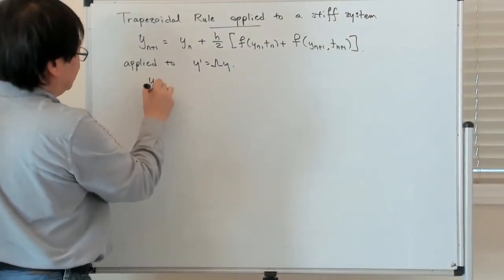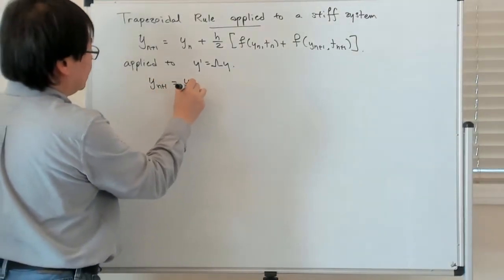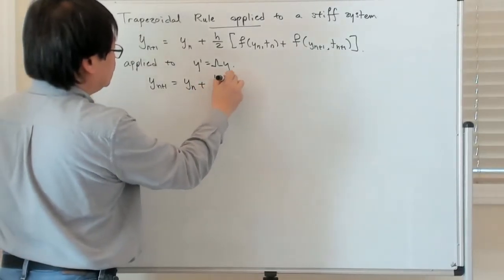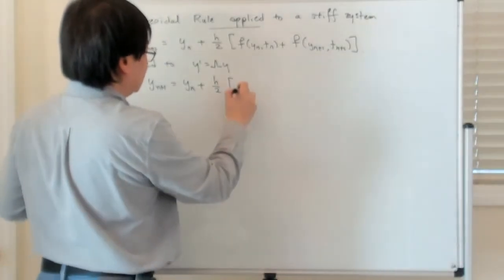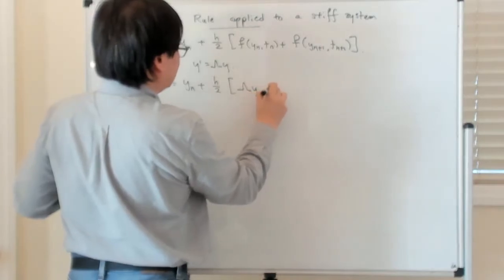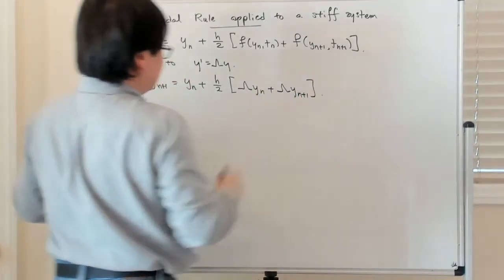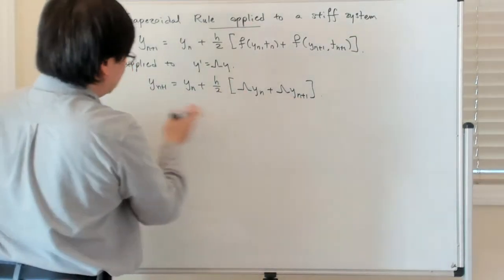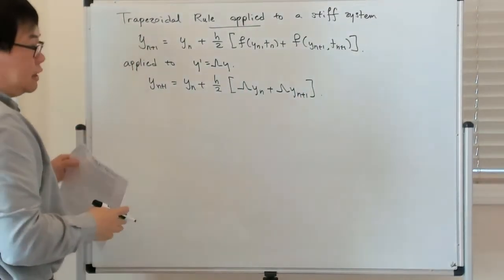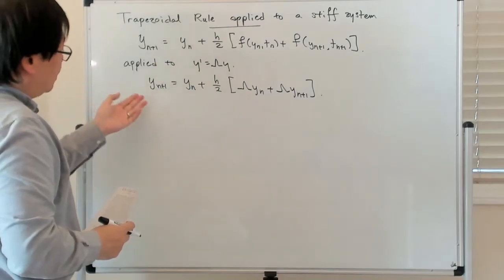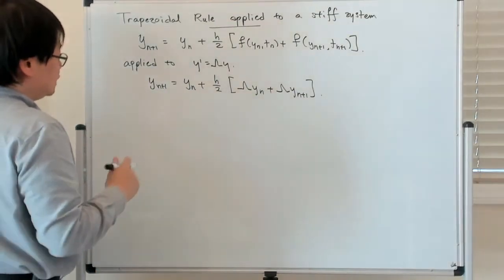So this says that y_{n+1} is equal to y_n plus h over 2, λy_n plus λy_{n+1}. So I can take the y_{n+1} term to the left and then end up solving for y_{n+1} in terms of y_n. And so let's see what happens.